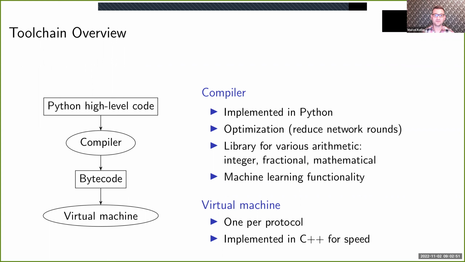But at the higher level on the compiler, it's the same infrastructure that is shared between all the protocols, and it's the same optimizations or similar optimizations for all the protocols, and it also allows to have all the functionality, be it mathematical functionality or even higher level functionality like machine learning functionality, to basically have the maximum reusability between all these protocols and security flavors.